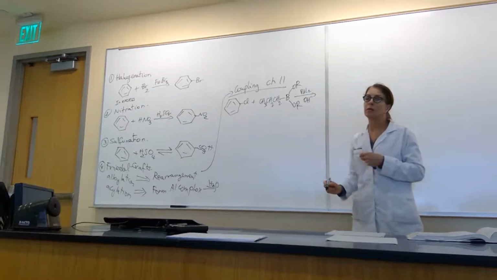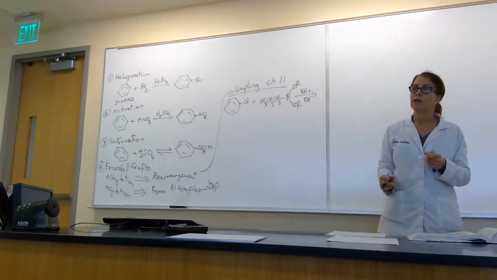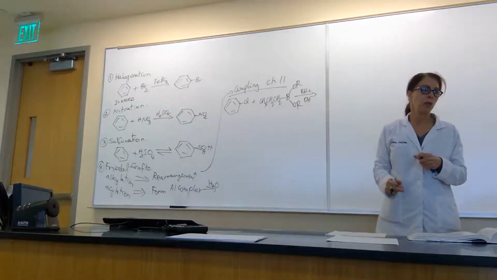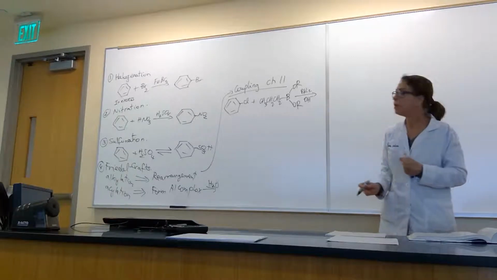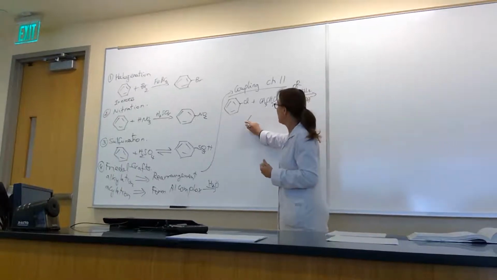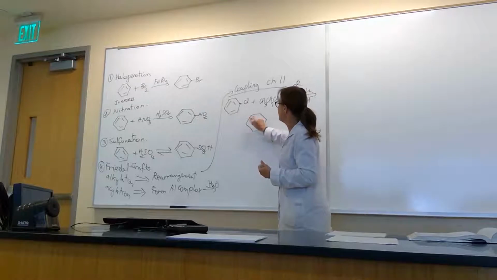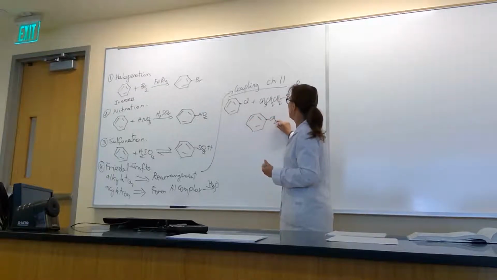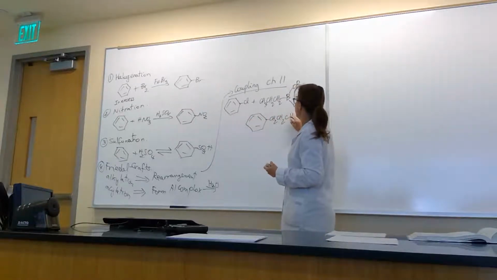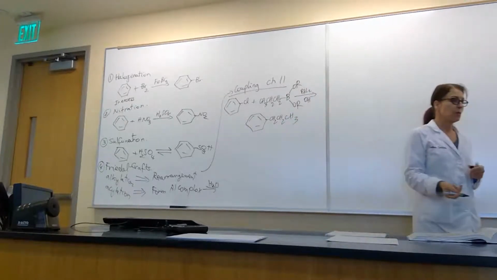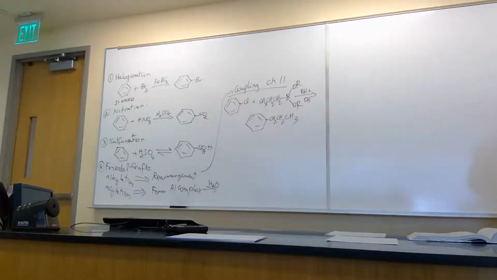This is called the Suzuki reaction, which you're going to do in lab. So what do you get? You get this. You get an alkylation without rearrangement. So if you don't want rearrangement, you do this reaction.